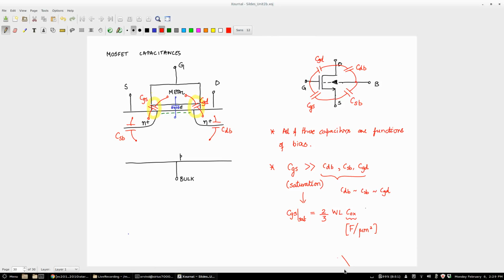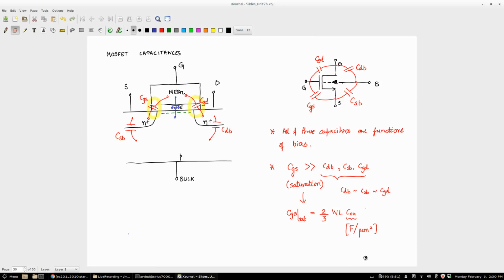Because these capacitors are all a function of bias, the values of these capacitors that go into the incremental circuit will be a function of the bias set up by the bias circuit. Just as when we replaced the MOSFET with a voltage controlled source, the value of gm was a function of where you biased it.